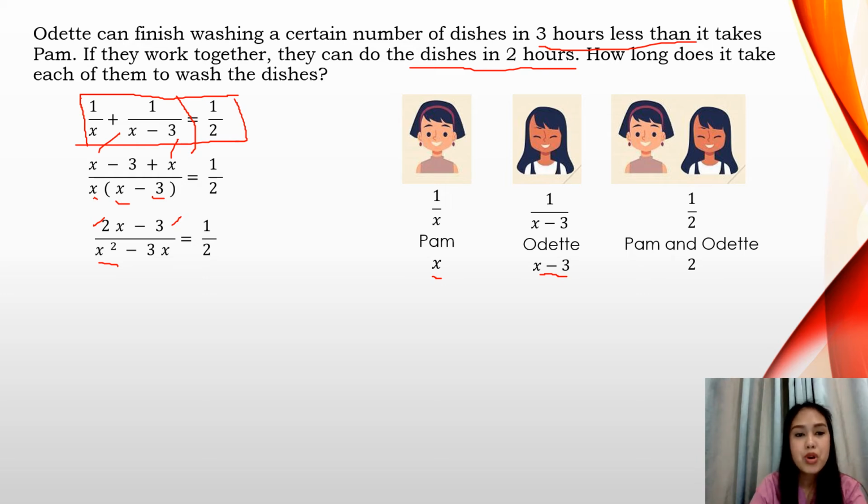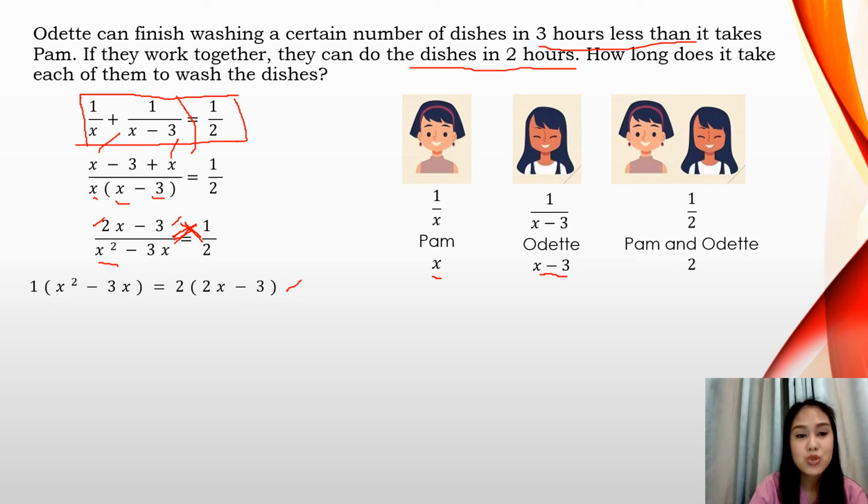Now, as we can remember, we have two fractions on both sides of the equation. So we can now cross multiply. Cross multiply 1 times x squared minus 3x and 2x minus 3 times 2 on the other side of the equation.